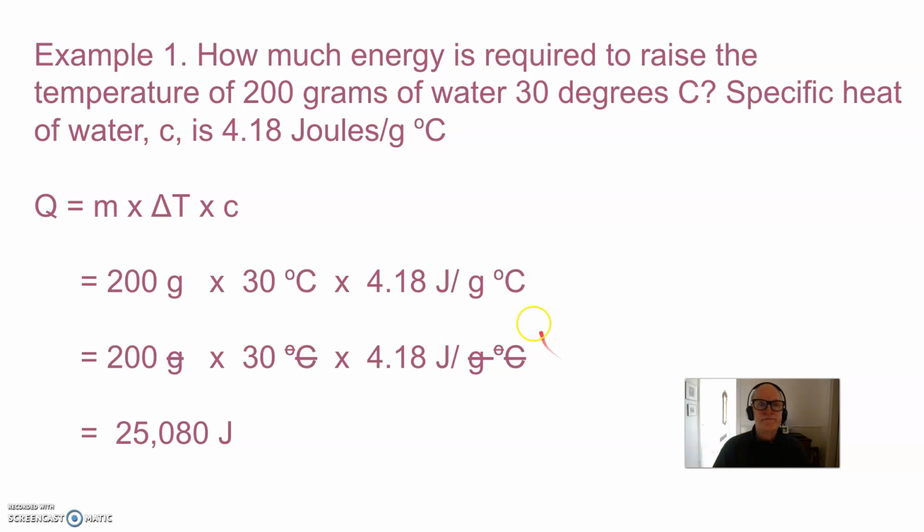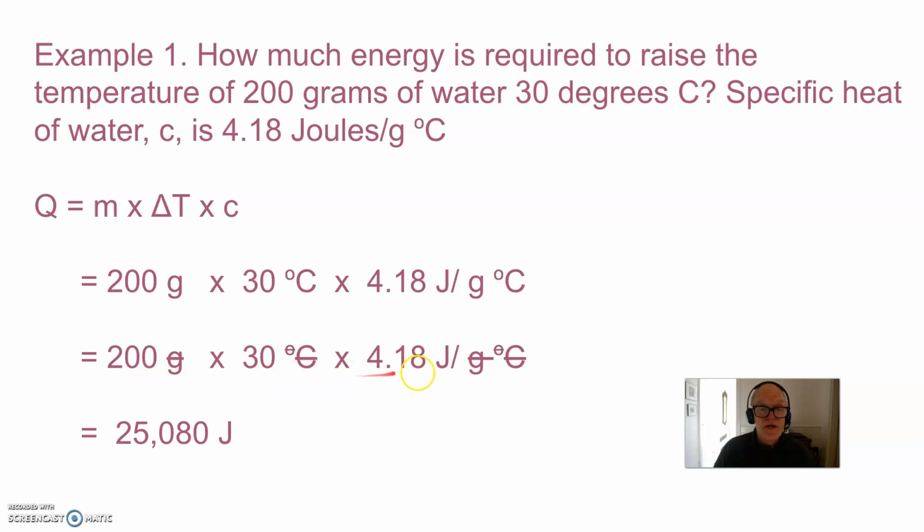Here's an example. How much energy do we need to raise the temperature of 200 grams of water, that's the mass, by 30 degrees Celsius, that's the temperature change? The specific heat of water is this number right here. Amount of energy needed equals mass times delta T times C. Here are the numbers with their units of measure.